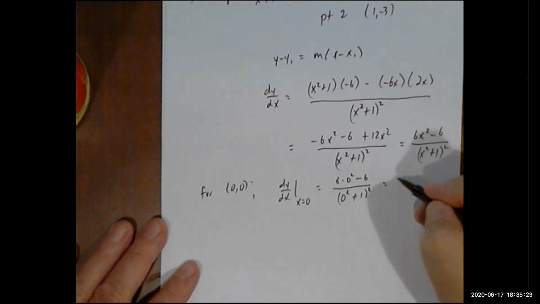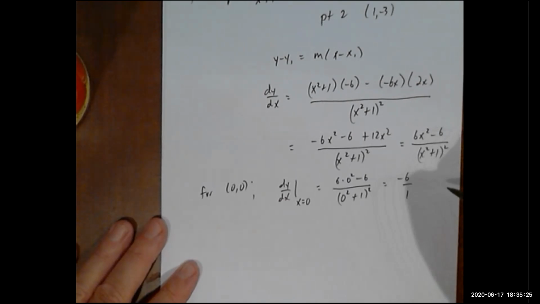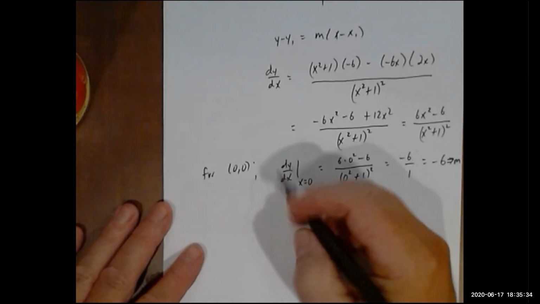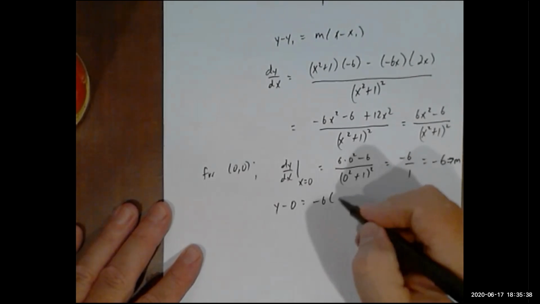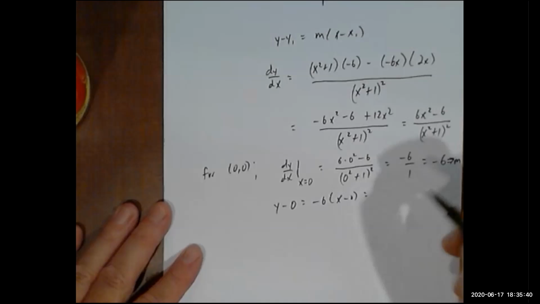This is 0. It looks like negative 6 over 1. So that is going to be the slope, my point is 0, 0. So y minus 0 equals negative 6, x minus 0.